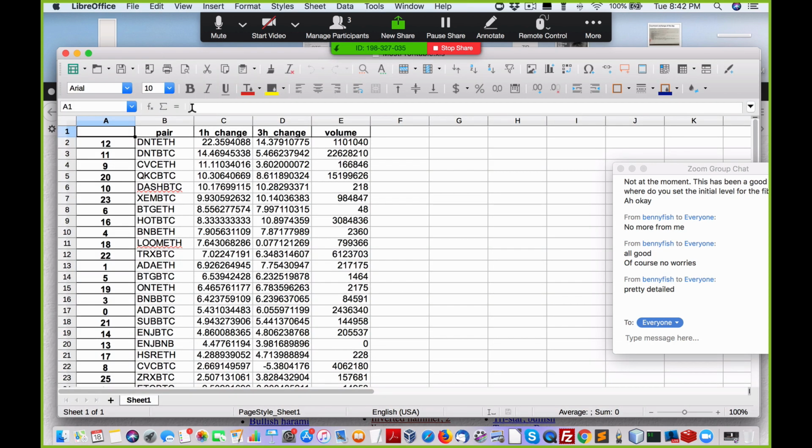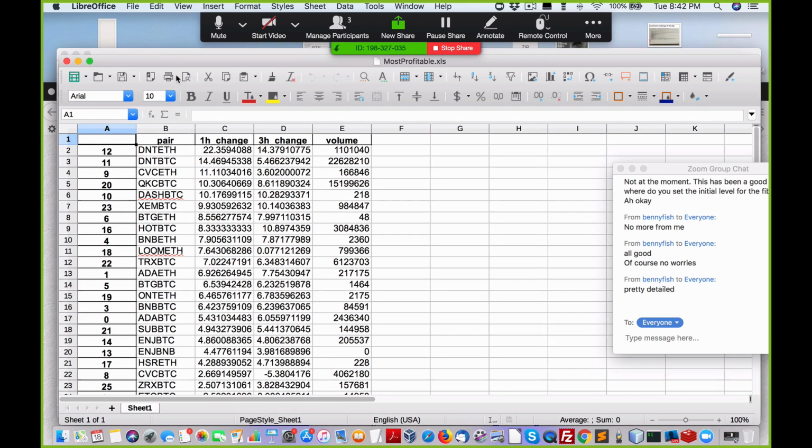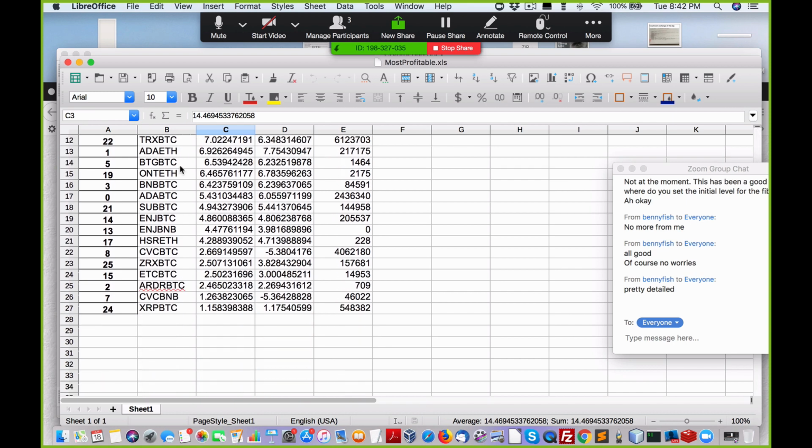So these are all of the pairs that have, in this case, DNT Ethereum, a 22% move in an hour and a 14% move over 3 hours. And here's the volume. If my volume is much higher in DNT Bitcoin with an hourly move of 14%, maybe I should trade in the Bitcoin. And so on this goes.